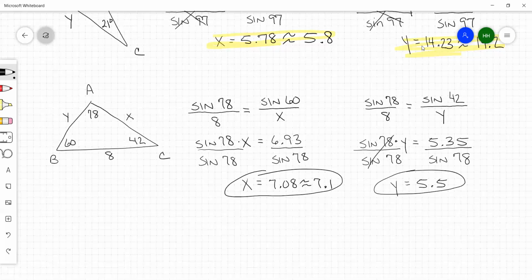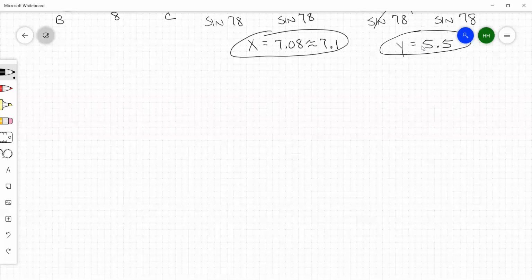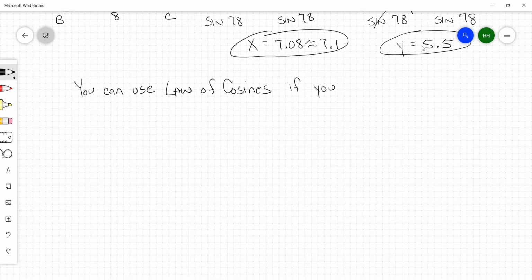All right, so you can use law of cosines if you know the measure of two sides and the included angle.